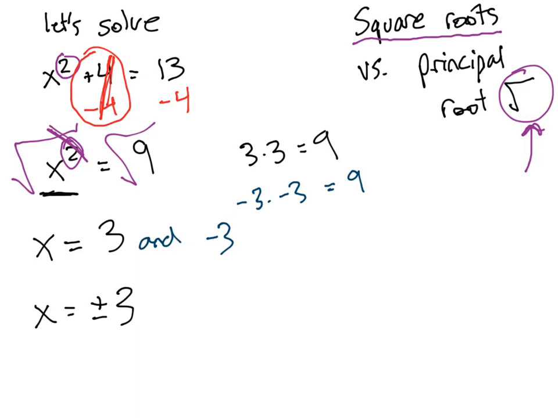Well, what if we're not dealing with an entire equation, but we just want to simplify an expression like this? If I just write square root of 9 using this principal root symbol. Since we just saw that there are really two numbers that we could possibly multiply to get +9, should this square root of 9 be +3 or -3?